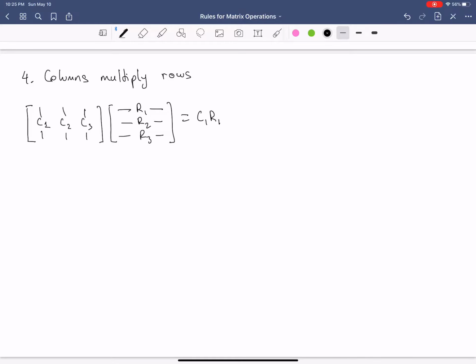This is a matrix times a matrix type of multiplication, plus column 2, row 2, plus column 3, row 3. Let's go back to our example.